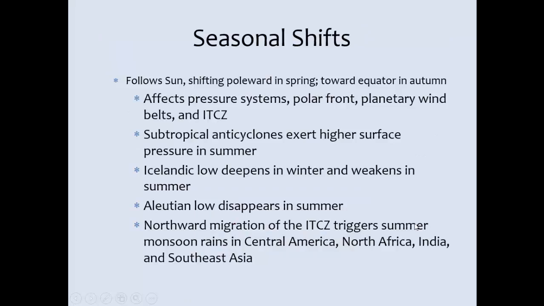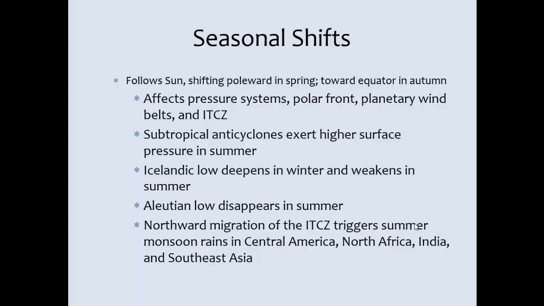Okay, this is extremely important now. This is probably one of the most important aspects here: seasonal shifts in these four zones I've been talking about. You know that the sun, because of the 23.5 degree tilt on its axis, is higher and lower in the atmosphere over the course of a year.